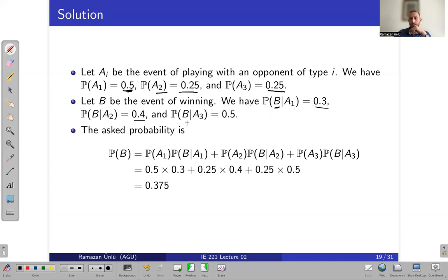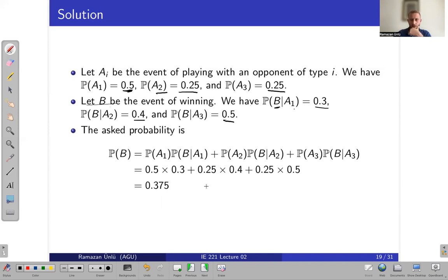If it is type 3, the probability is 0.5. And the asked probability is the probability of B, right? Let me draw this one.